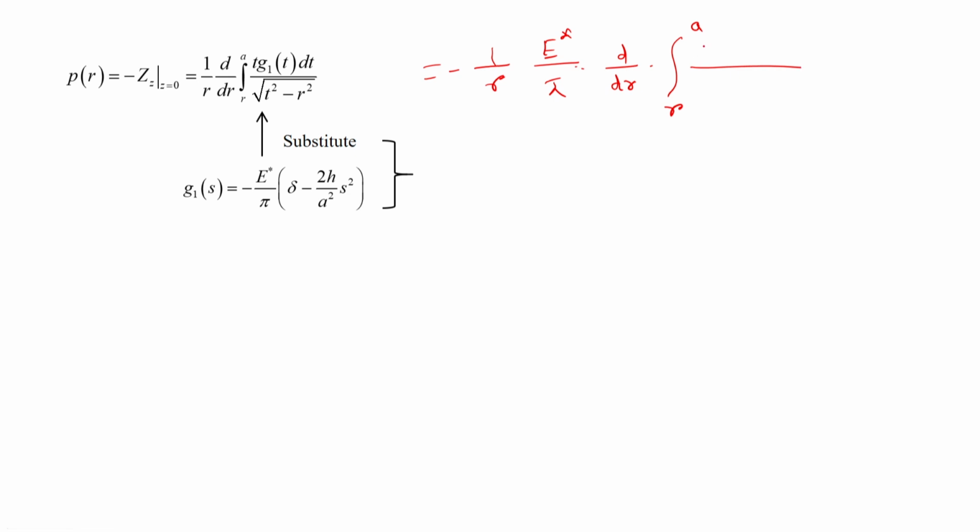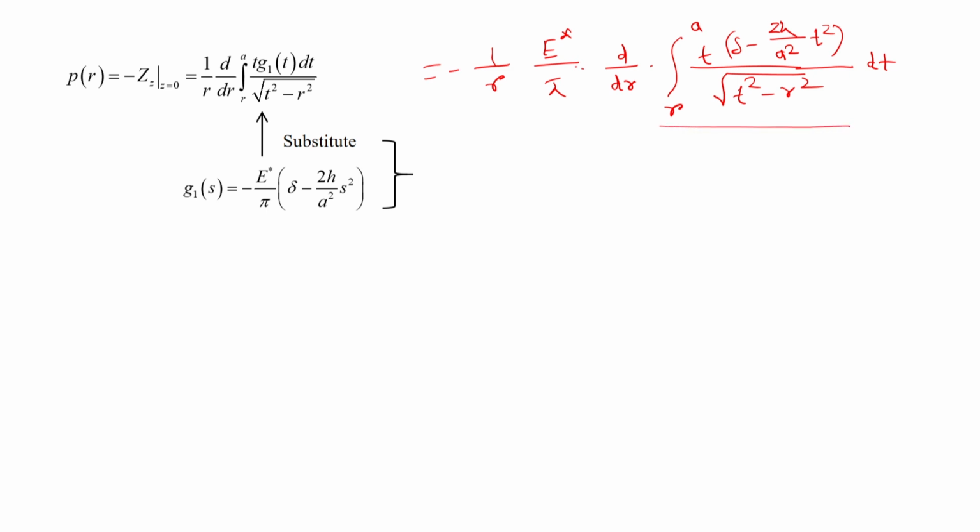So, t into this is delta minus 2h by a square, and s in terms of t, so it is t square, this is dt here, and square root of t square minus r square. So, we have to now do this integration over here.